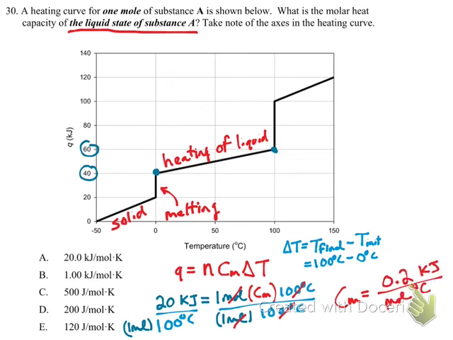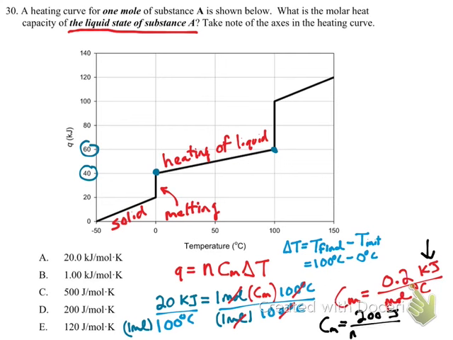Now at this point we need to do a little bit of tailoring of our units here. So kilojoules, this doesn't match any of the answers that we have right now. So let's turn this into joules. So we'll multiply by 1,000 because there are 1,000 joules per kilojoule. And we'll end up getting that molar heat capacity is equal to 200 joules per mole.